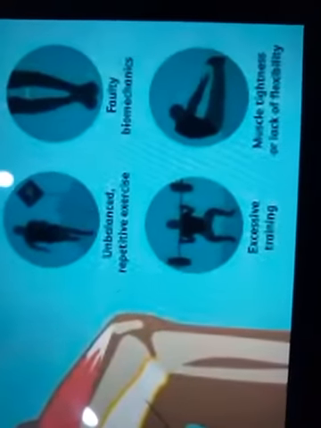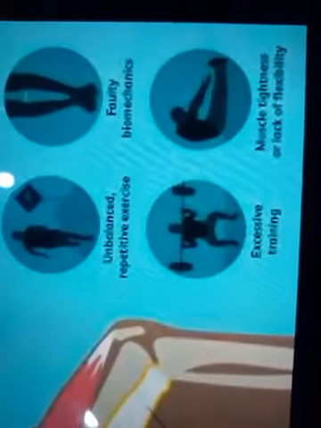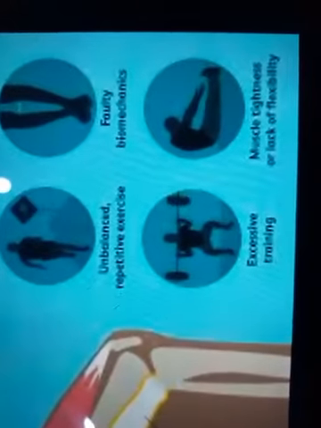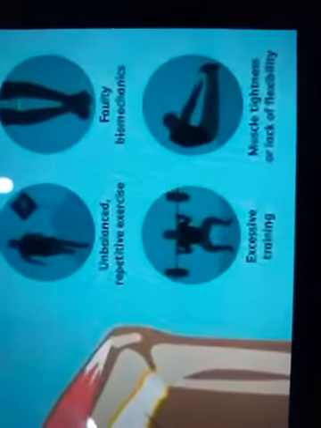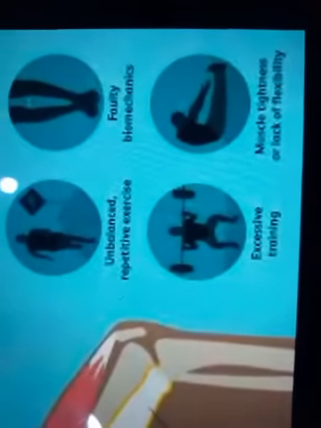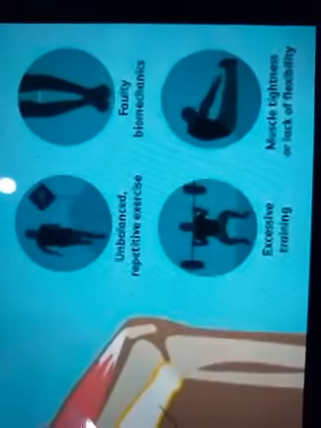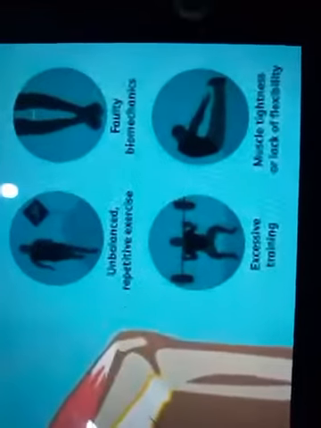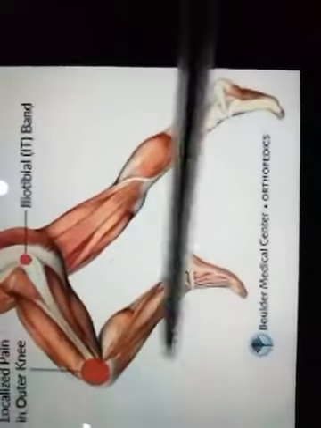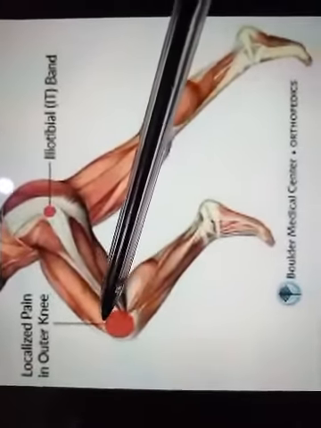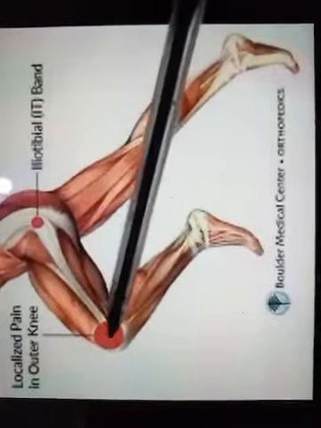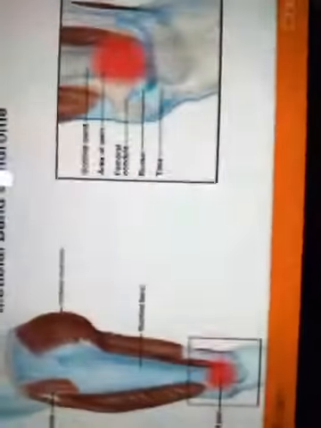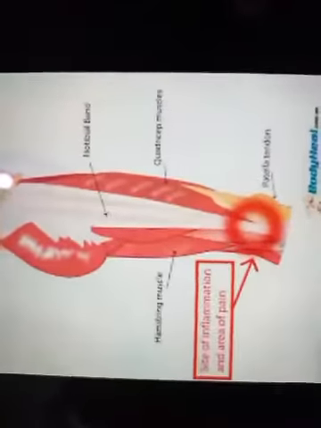So if you have someone who does weightlifting, you also have to make sure that you advise him to put on the very important accessories, that is knee supports and other things, to hold the leg and the knee in place, to avoid having this condition called iliotibial band syndrome. Okay, so this is a very good presentation to look at where it is. The iliotibial band is located here, and this is the injured part. Okay, all right, so these are more pictures.